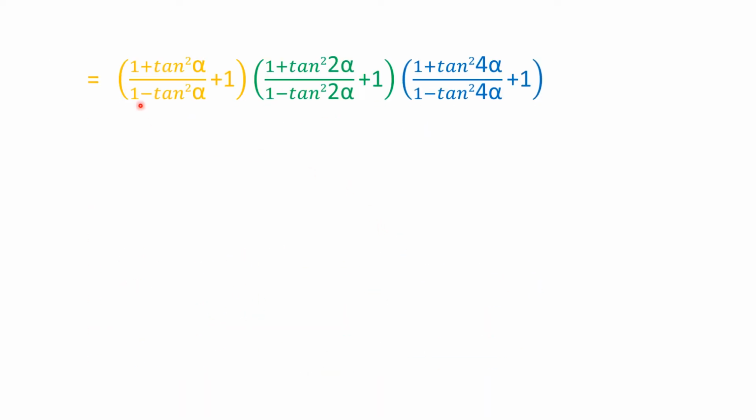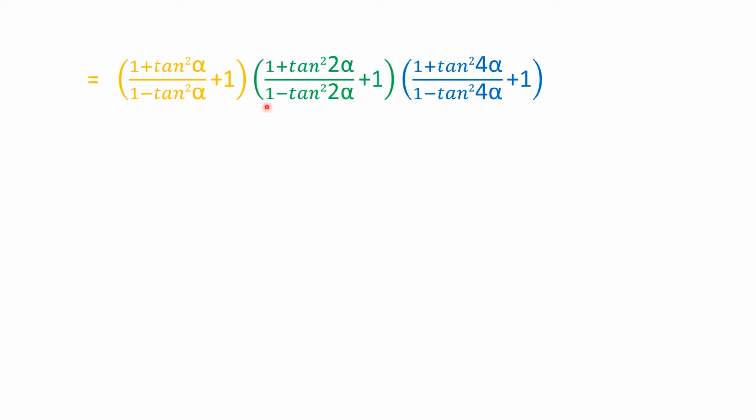So we get 1 plus tan square alpha over 1 minus tan square alpha plus 1, 1 plus tan square 2 alpha over 1 minus tan square 2 alpha plus 1, and 1 plus tan square 4 alpha over 1 minus tan square 4 alpha plus 1.